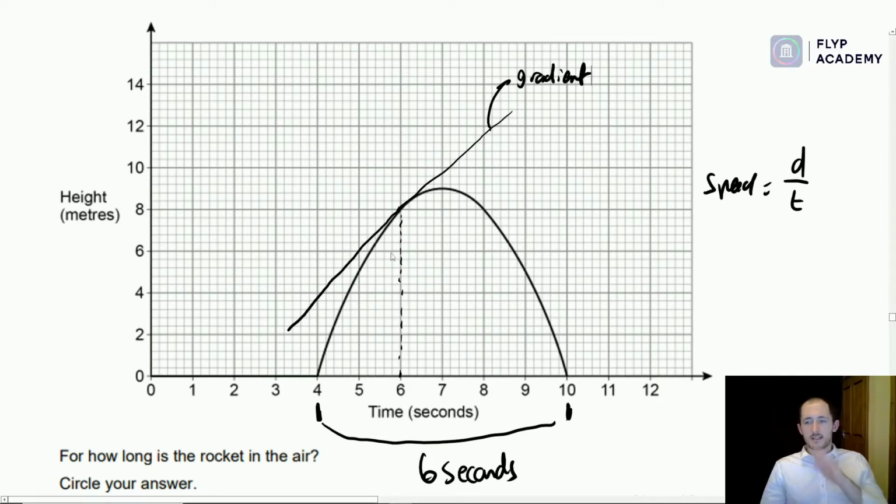So again, I went to 6 seconds, drew a straight line that touches the curve, and worked out the gradient, because distance over time is speed. Okay? And that will give you your answer.